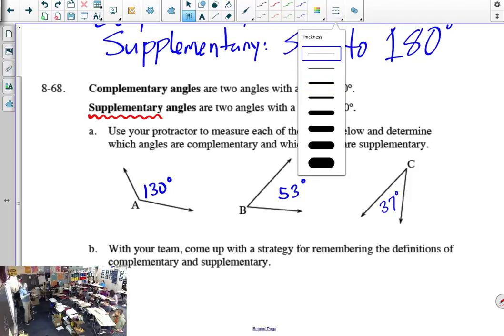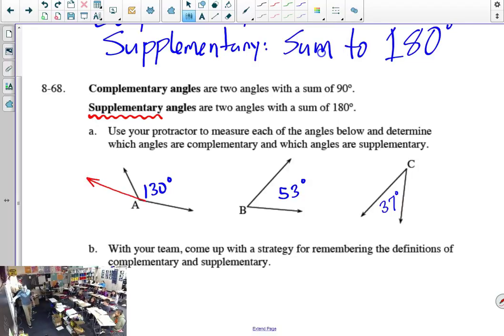If you want to make a supplementary pair, all you have to do is make it a straight line. So on all of these, just make one of them go straight. Then we're going to compute. So if supplementaries add up to 180, let's keep using cards.